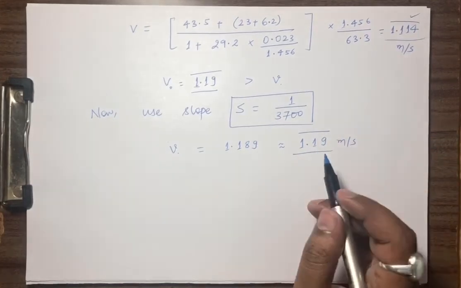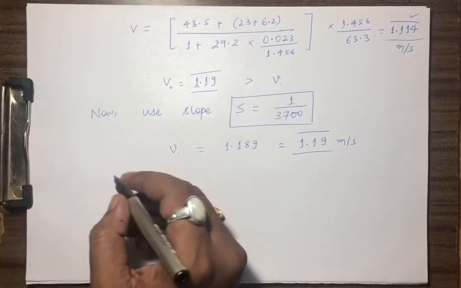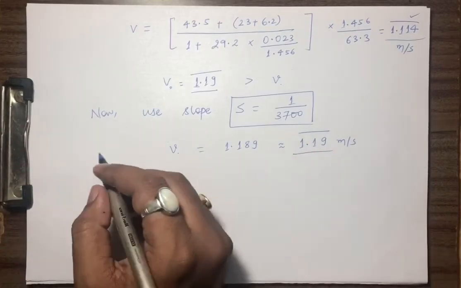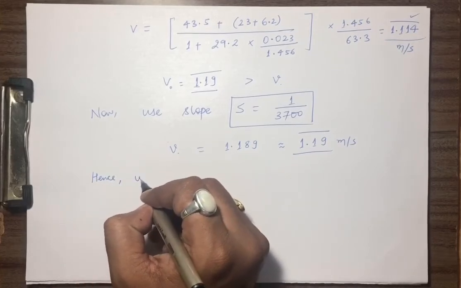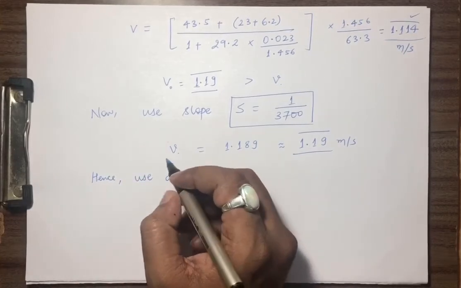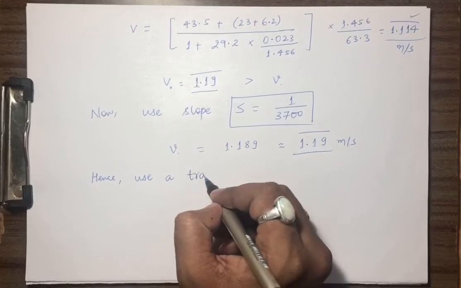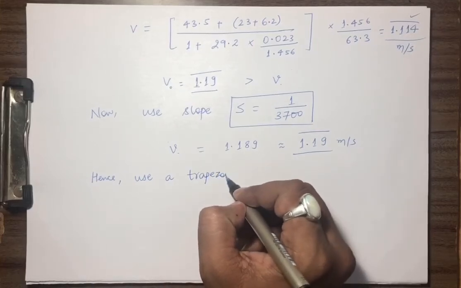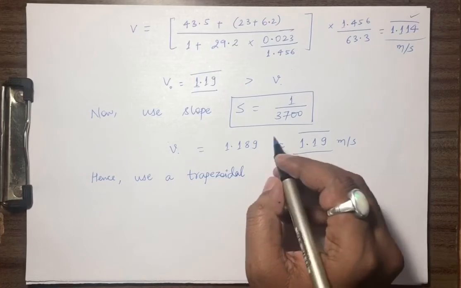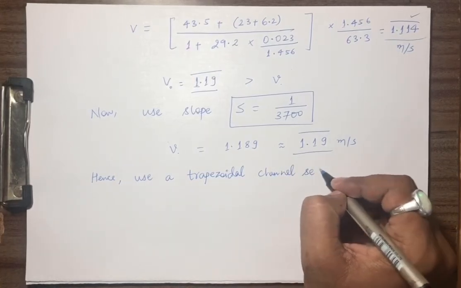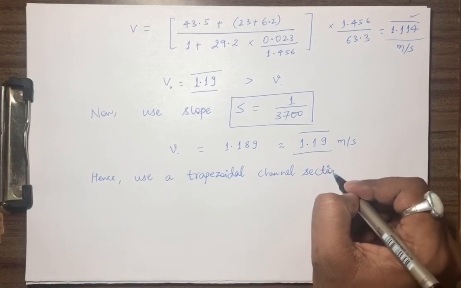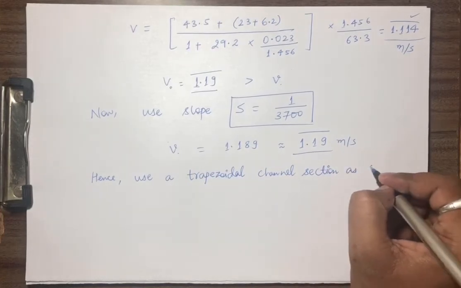So we have calculated all the parameters. Hence, use a trapezoidal channel section as follows.